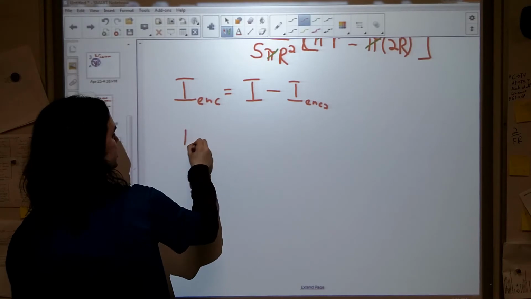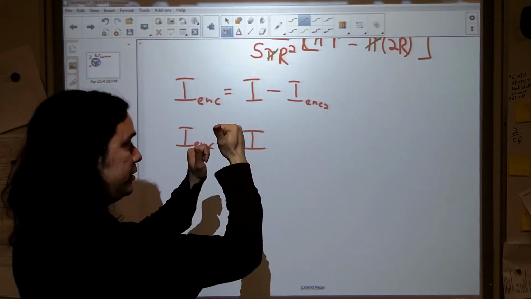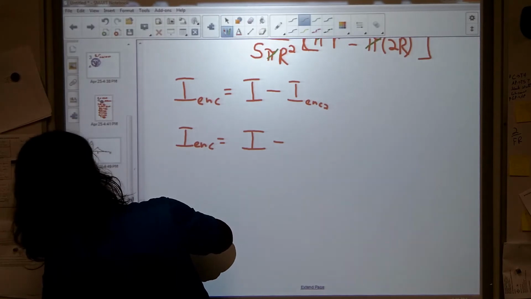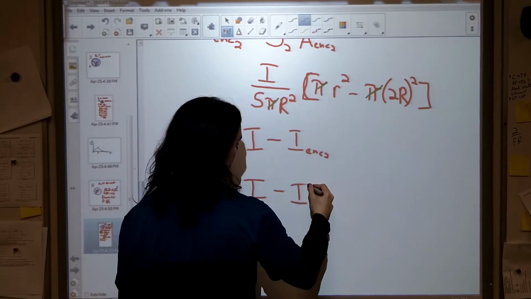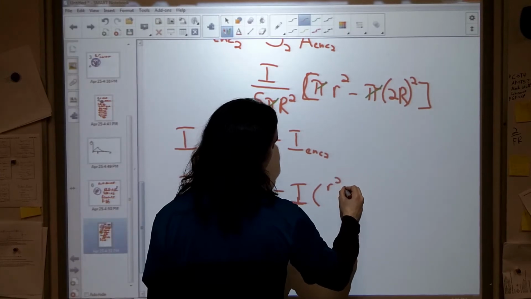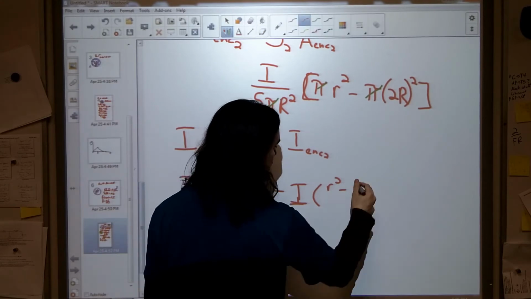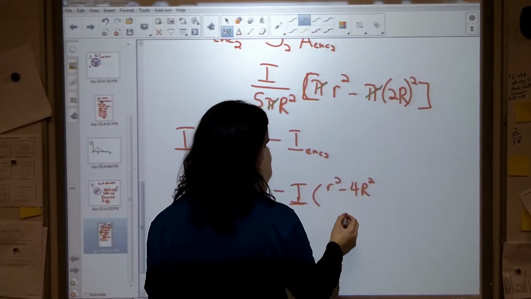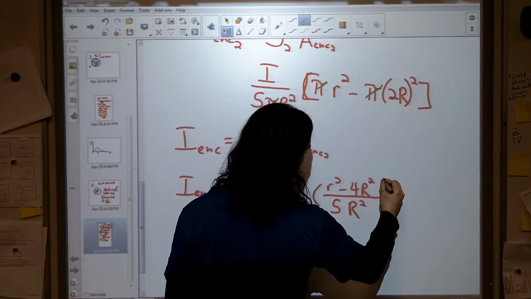Our current enclosed for this region, again, not terribly pleasant, is our total I positive coming out of the board minus our current enclosed in wire 2, which we said was right here. It is I times the quantity of little r squared minus 4 big R squared. That's this part here, little r squared minus 4 big R squared, divided by the quantity of 5 big R squared.